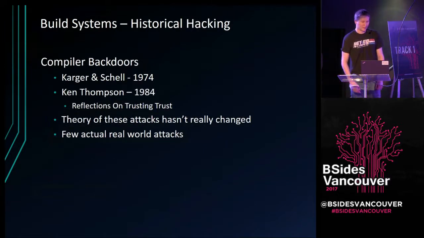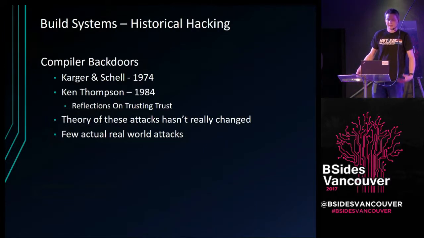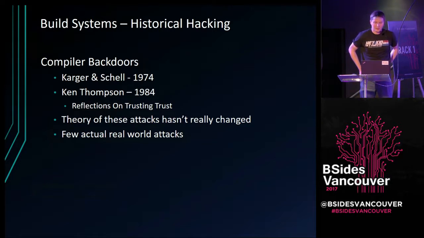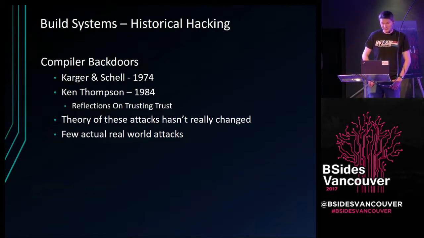Now going back a little bit further, but tying into my talk, the history of build systems from a hacking perspective really ties into compilers themselves. Back in the 70s, apparently they had electricity and compilers.